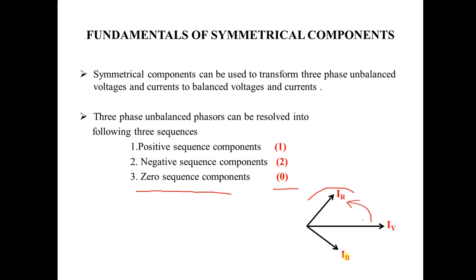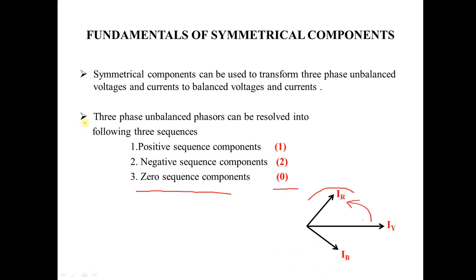The zero phase sequence is equal in magnitude and has no phase displacement. These three are the symmetrical components of the unbalanced system. The term symmetrical is used because the unbalanced three phase system is resolved into three sets of balanced components.